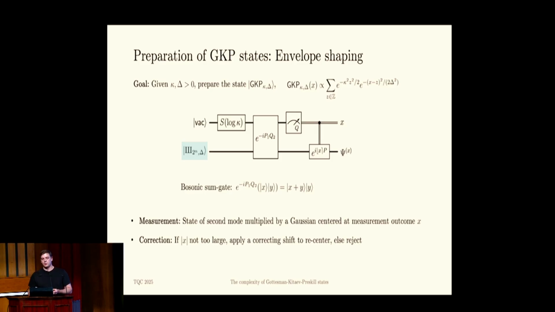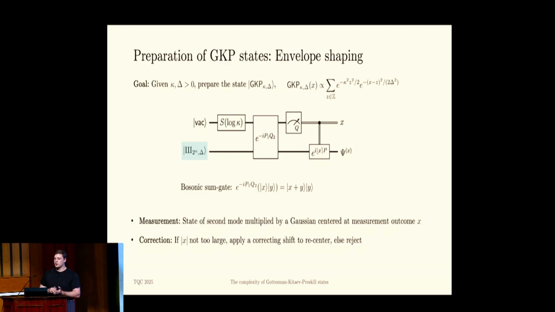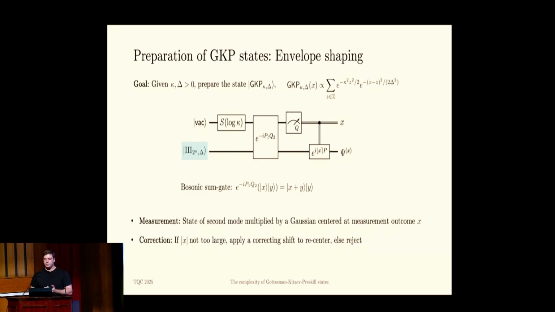And then we perform a homodyne measurement on the first mode. If you do the math, you see that the post-measurement state of the second mode is just this comb state multiplied by a squeezed Gaussian, which is centered at the measurement outcome x.